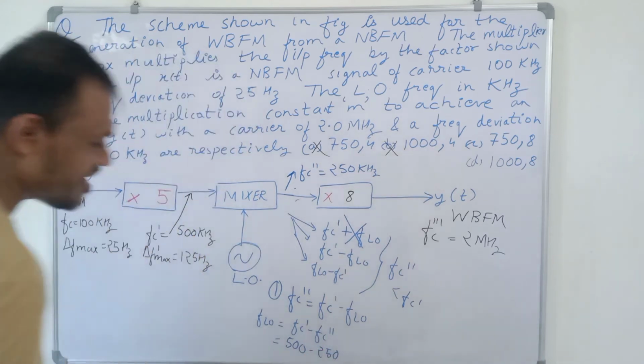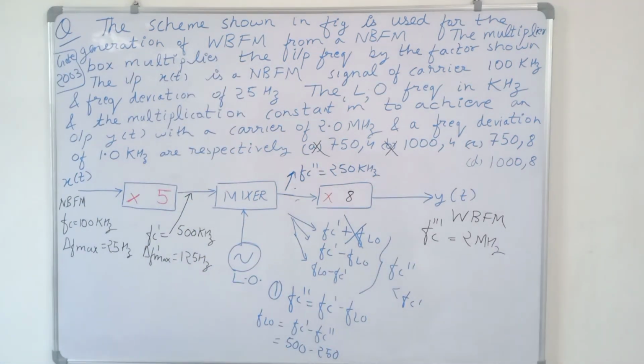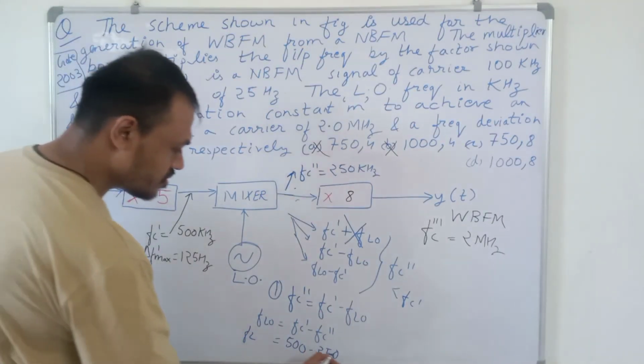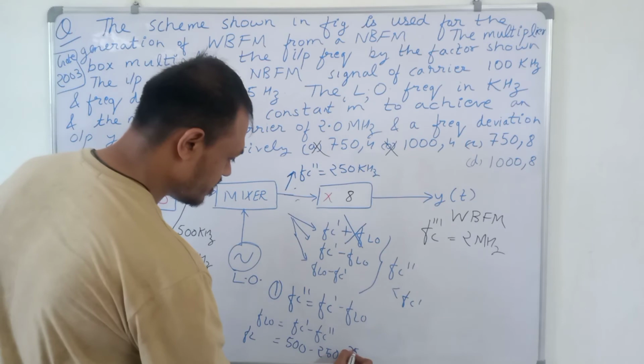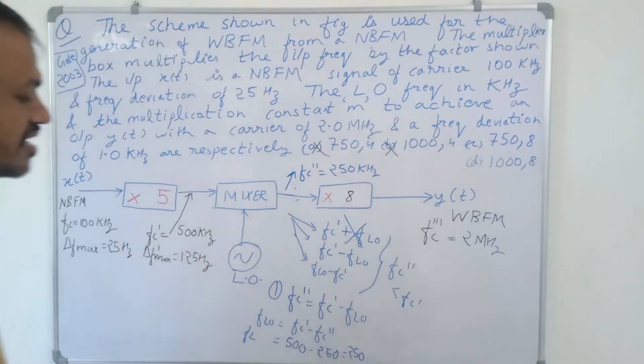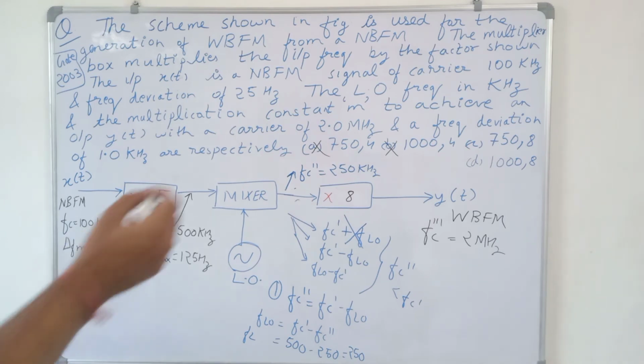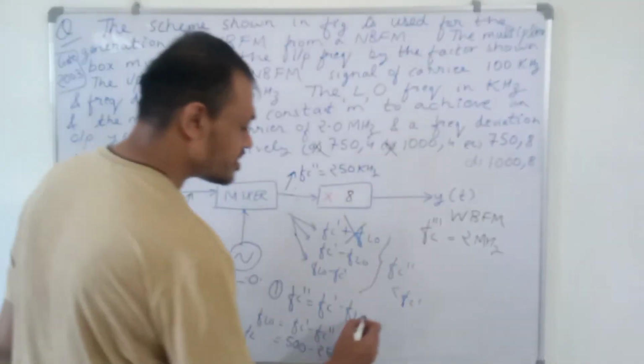So FLO equals 250 kilohertz. This is the first option. It gives FLO equal to 250 kilohertz, but 250 is not in the options, so we will ignore this.